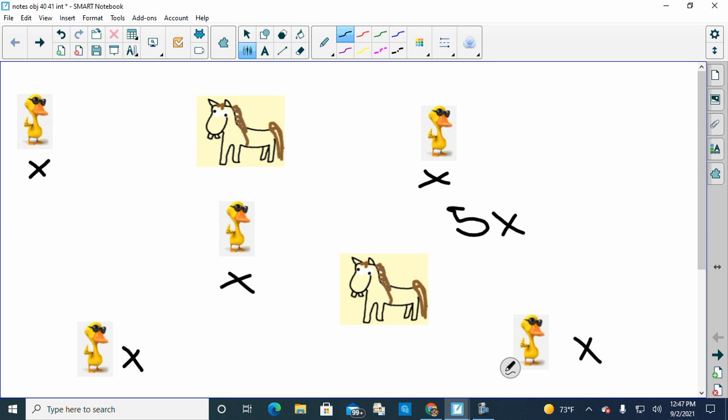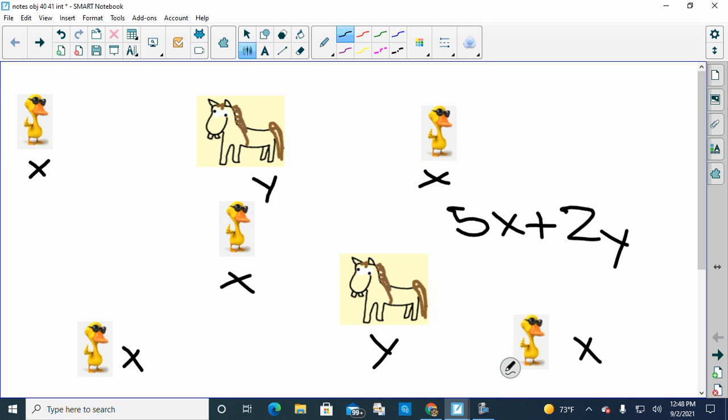Okay, how many silly Broncos do we have? 2. Okay, so that would be assigned a different variable because a Bronco is not a duck, and a duck's not a Bronco. One of them's cool, one of them's not. Okay, so we have 2 y's. So when we combine them, we don't combine these together, okay, because we're talking about apples and oranges, ducks and horses, okay, so we don't combine them together.